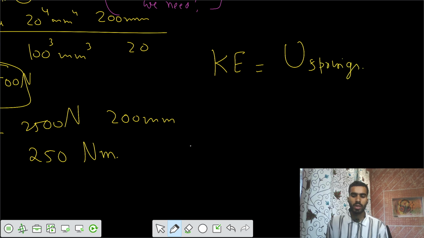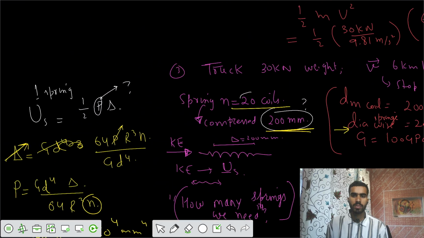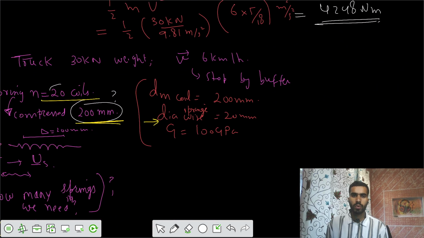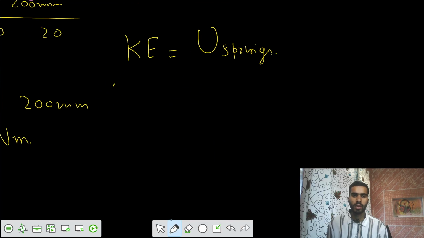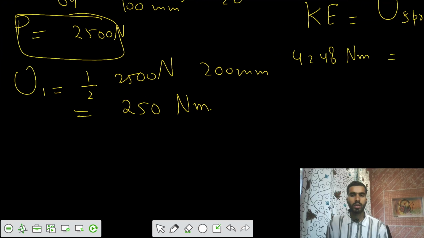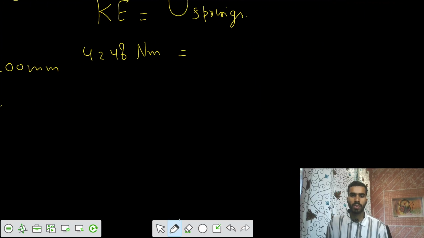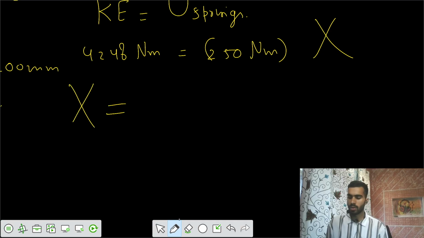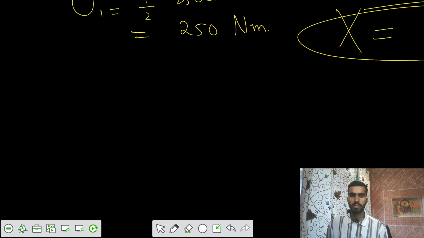So total kinetic energy, 4248 Newton meter, should be equal to X times the strain energy in one spring, 250 Newton meter. So X number of springs is equal to 17 springs we need for this mechanism.